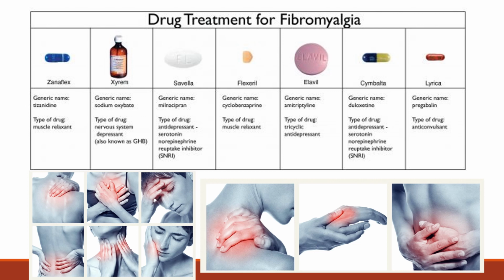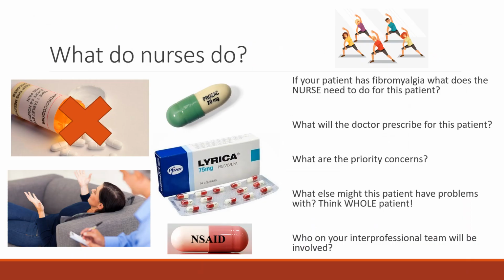So we need to treat the nerve receptors with our anti-seizure medications and the muscle relaxants to hopefully decrease the pain. These patients are not generally happy people because they have this pain all of the time and it decreases the activities that they enjoy. So we need to make sure that if they need antidepressants, we put them on them and we explain to them why they're on them too.